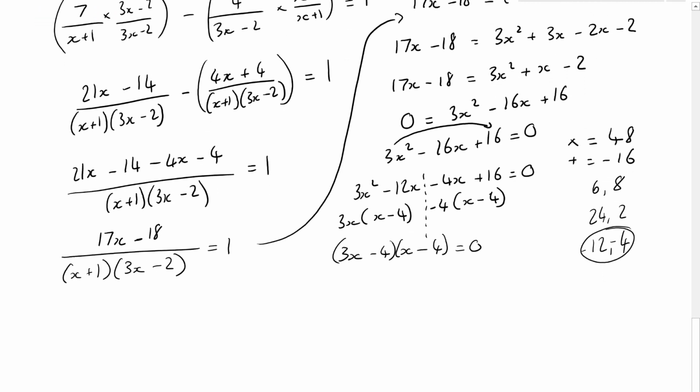Therefore, either x minus 4 is equal to 0, in which case x is equal to 4, or 3x minus 4 is equal to 0, in which case x is equal to 4/3. And these are our two solutions.